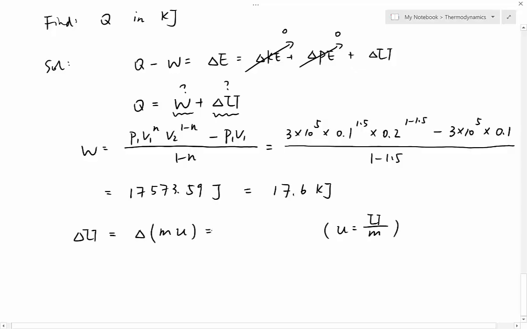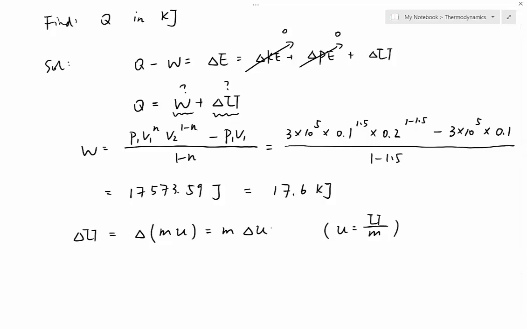Does the mass of my system change? Does the mass of my gas change? No, it's a closed system, the mass of my gas doesn't change. So I can take mass out of the delta, and now we have mass times delta lowercase u.